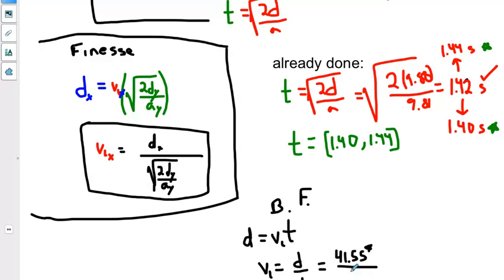Let me ask the people in here, did you all use 41.55 or did you use a different number? All right, so you already got something like 29.3, somewhere in that vicinity. If you had slightly different numbers, you can get a slightly different answer. You already got 29.3. Are we in agreement?